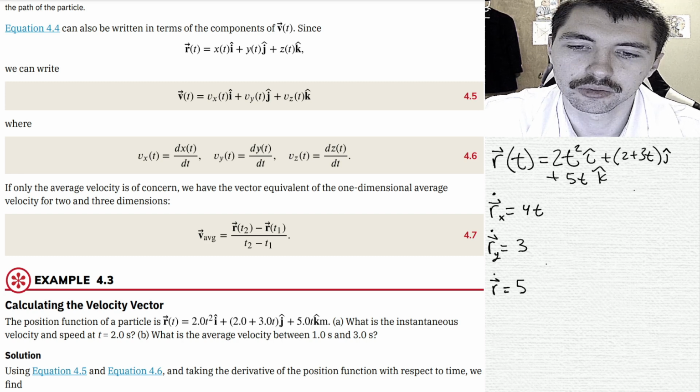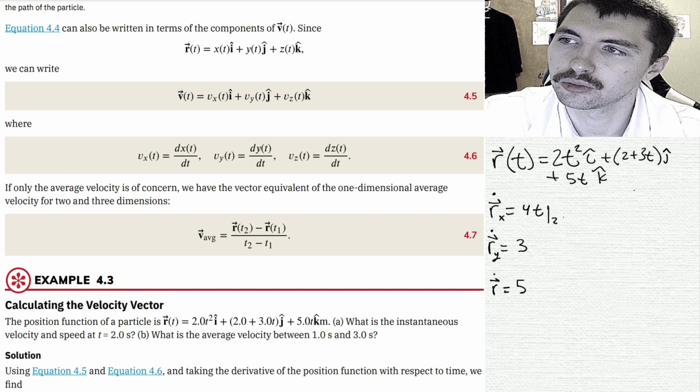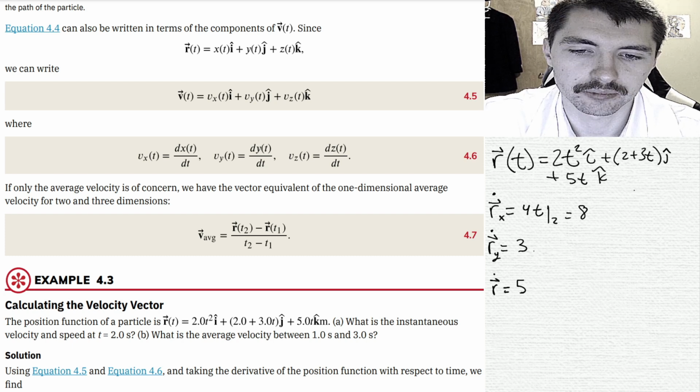They want to know what's the instantaneous velocity at 2. So this is at 2, so that's going to be 8. These will be the same.